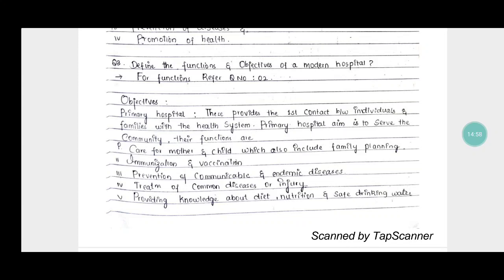Primary hospital aims to serve the community, and their functions are, number 1, care for mother and child, which also includes family planning, immunization and vaccination, prevention and control of communicable and endemic diseases, treatment for common disease or injury, and providing some knowledge about diet, nutrition, and safe drinking water.